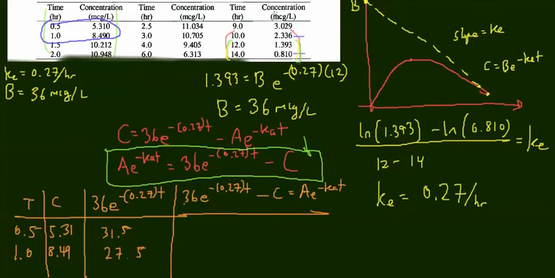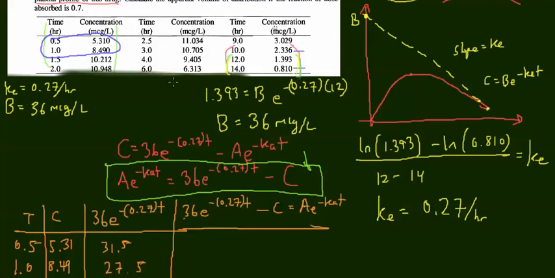Okay, so what does this mean graphically? On the graph, at time 0.5, the C on this curved line is 5.31. At time 1 hour, the concentration on this graph is 8.49.